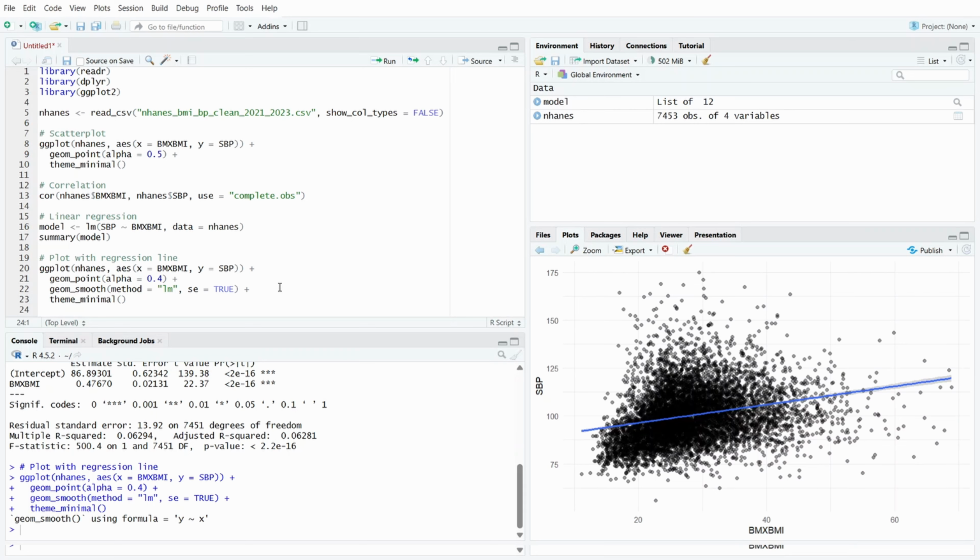These methods are essential for understanding risk factor relationships and identifying patterns that can inform prevention strategies and population health interventions. In the next video, we will move from statistical relationships to core epidemiologic measures and learn how to calculate and interpret incidence and prevalence using real public health data.